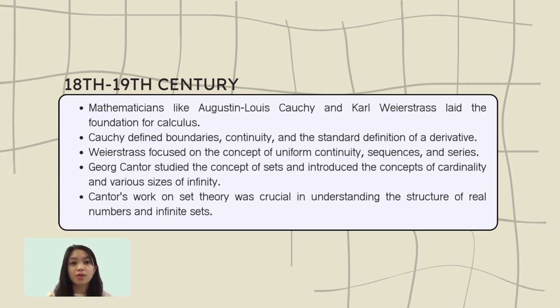Weierstrass focused on the concept of uniform continuity, sequences, and series. Georg Cantor studied the concept of sets and introduced the concept of cardinality and various sizes of infinity. Cantor's work on set theory was crucial in understanding the structure of real numbers and infinite sets.